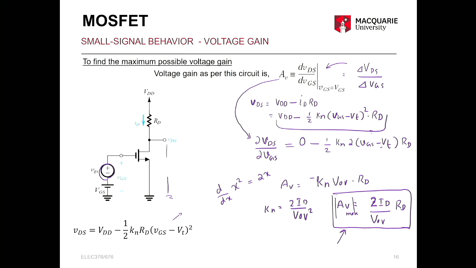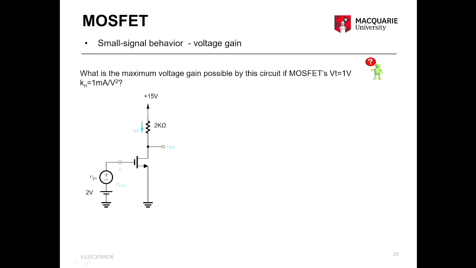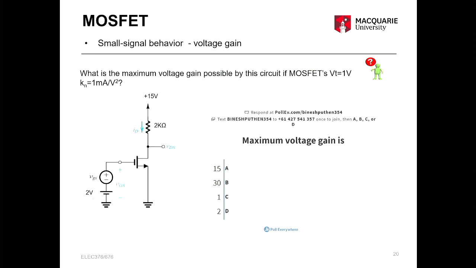Two ID RD divided by VOV is the maximum voltage gain. Now it became very easy, but I want to see how many people make it wrong.